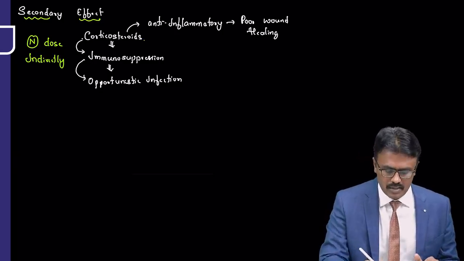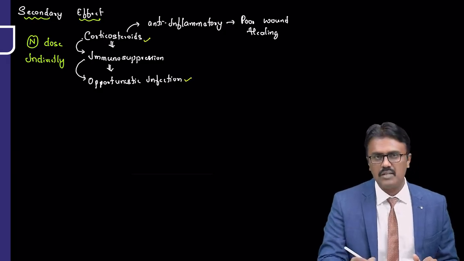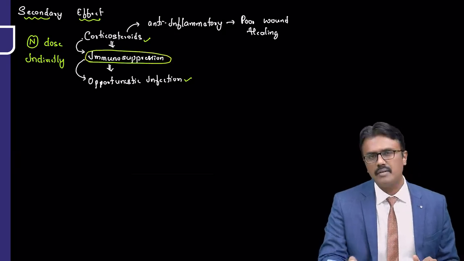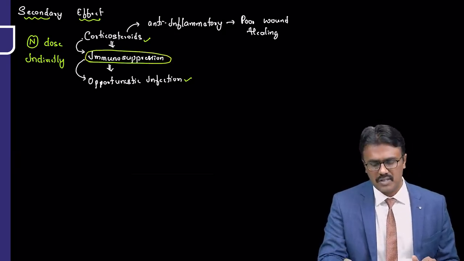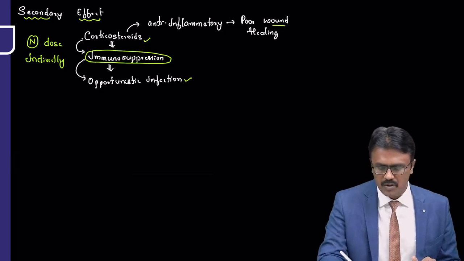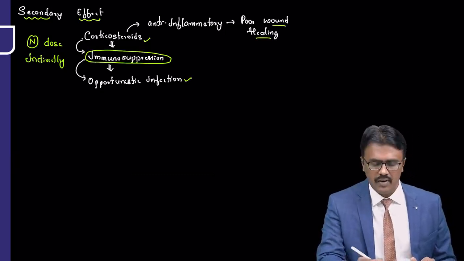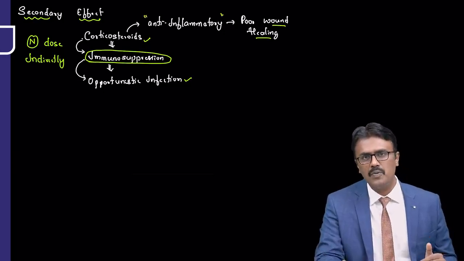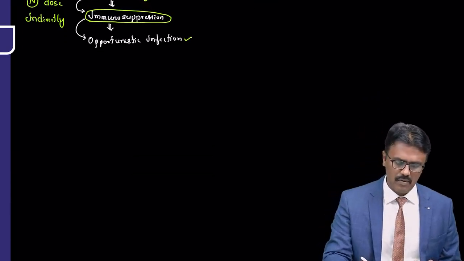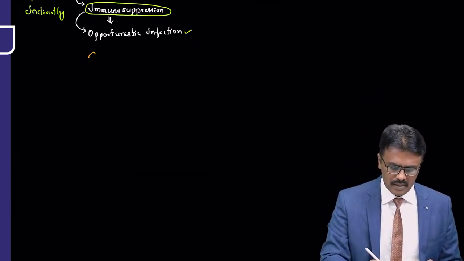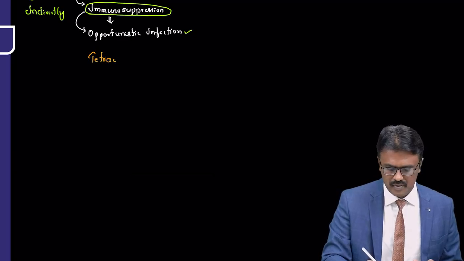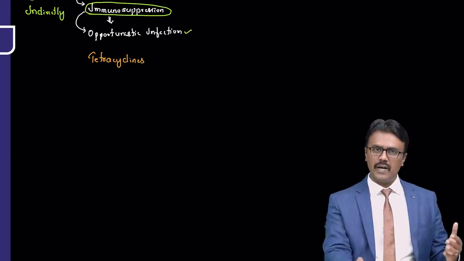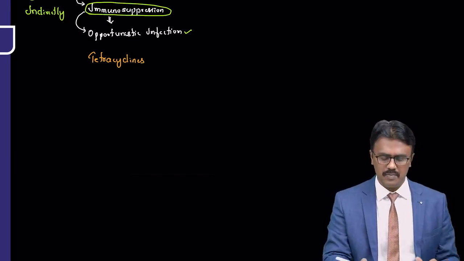So corticosteroids produce opportunistic infection not directly, but by causing immunosuppression and later producing the opportunistic infections. Do they cause poor wound healing directly? No. They have an anti-inflammatory property and because of that they produce poor wound healing. I'll give you one more example. Tetracyclines. Tetracyclines are antimicrobials which are called broad spectrum and they kill the microbes.